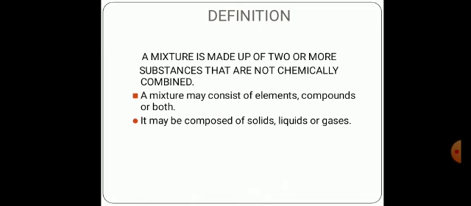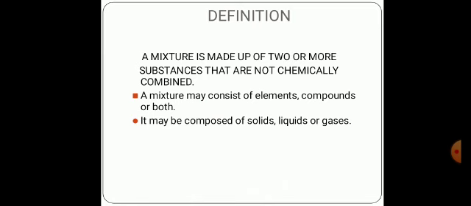But a mixture is composed of two or more substances that are not chemically combined, means that the chemical bond is not formed. Here it's just the physical mixing of the compounds or the substances.